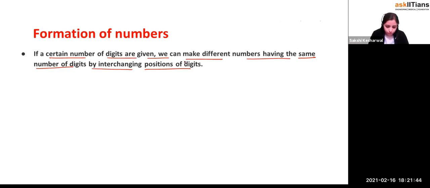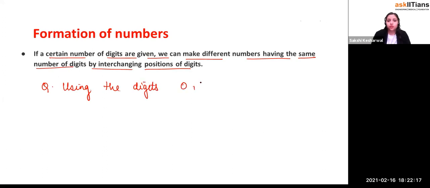Wait a minute, I'll give you one question. Okay, just see. If I give you the question: using the digits 0, 1, 8, and 6, find the greatest and the smallest number.